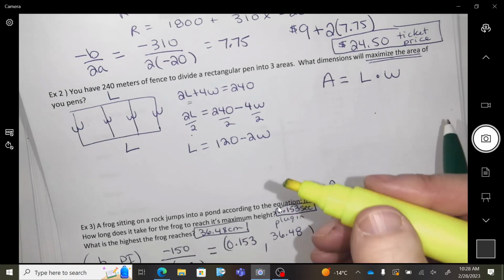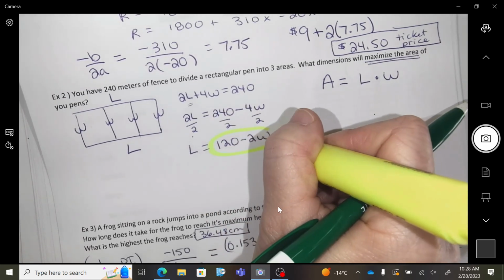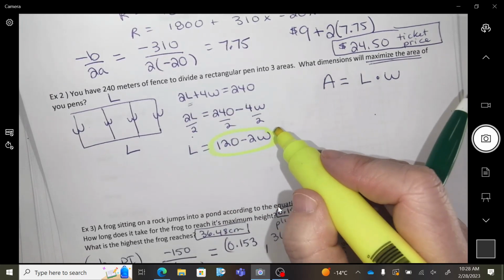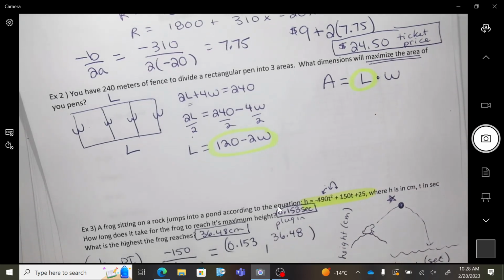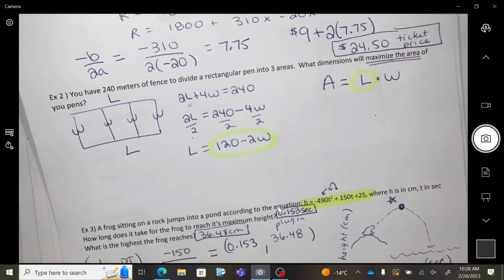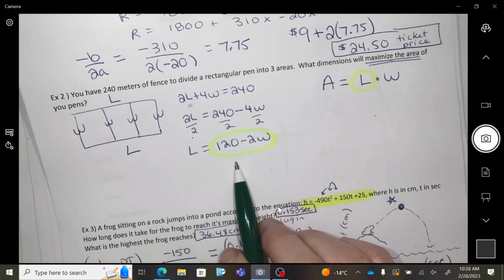Okay, now this is a math rule. If this equals L, can I replace that L over there with this whole statement? Does that make sense?